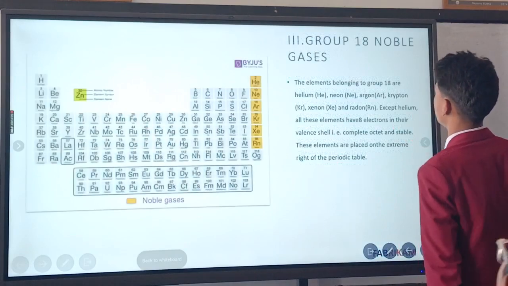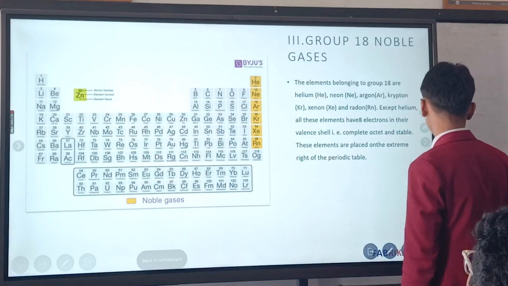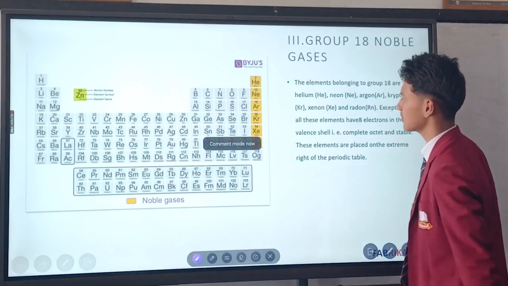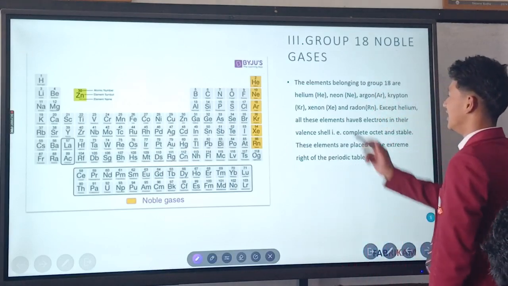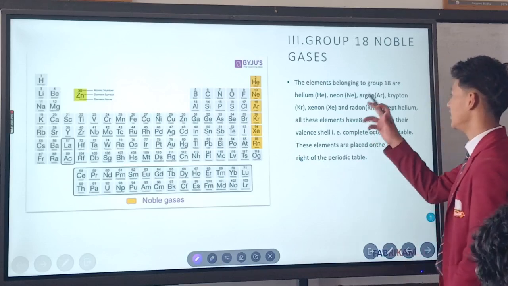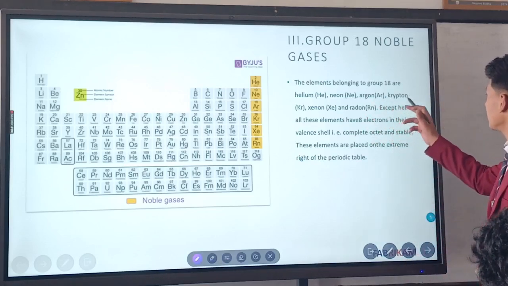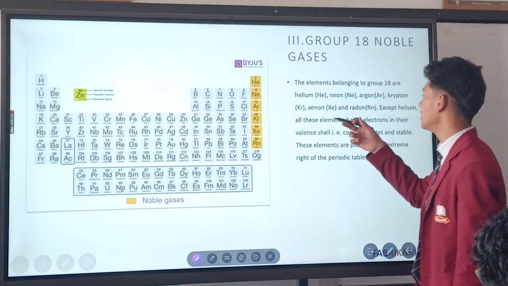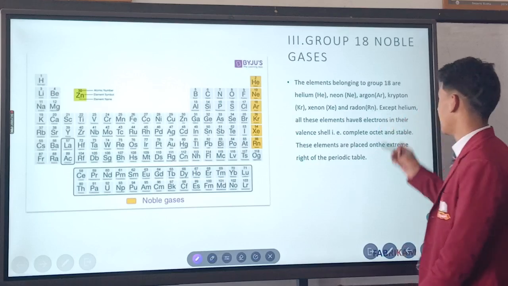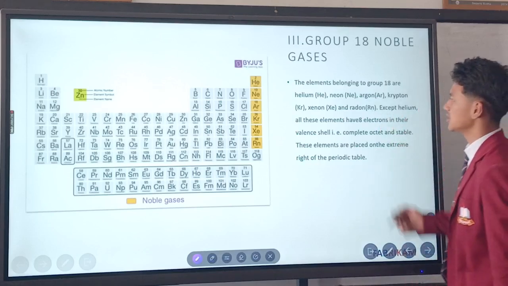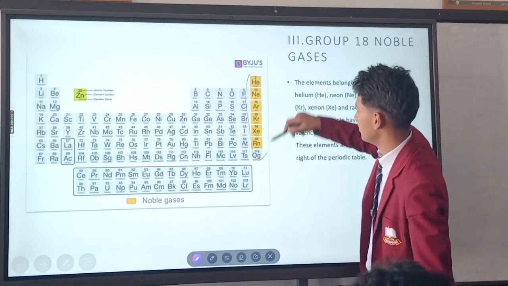Group 18, noble gases. The elements belonging to group 18 are helium He, neon Ne, argon Ar, krypton Kr, xenon Xe, and radon Rn. As you can see, it lies over here in the periodic table.